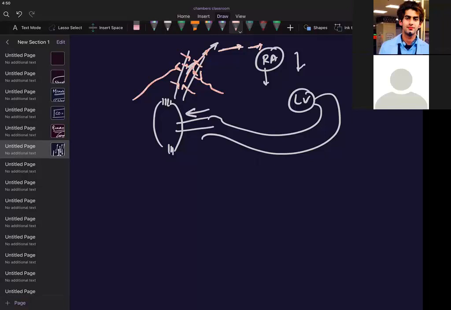So if we make a flow chart, what happens? This is sympathetic activity. Sympathetic activity will cause vasoconstriction. Vasoconstriction will increase the venous return.